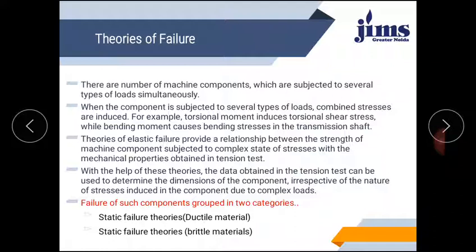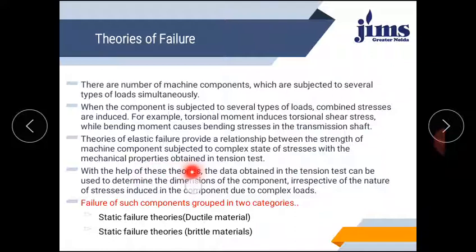There should be some method to relate the properties of the material to the combined stresses, so that the dimensions of the component can be calculated. In these situations, these theories of failure will help you.